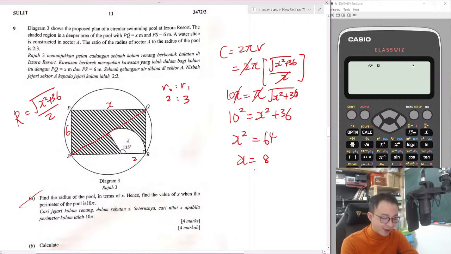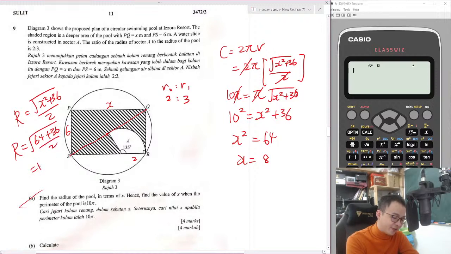After I got x, I need to use it for the radius as well. So the radius will be the square root of 64 plus 36 over 2, which is 5.